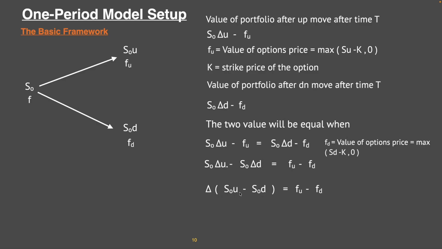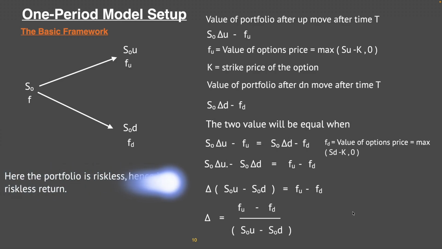So delta will be Fu minus FD divided by S0 U minus S0 D. What is Fu minus FD? Fu minus FD is the change in the option price. Similarly, what is the denominator S0 U minus S0 D? It is the change in the price of the underlying.